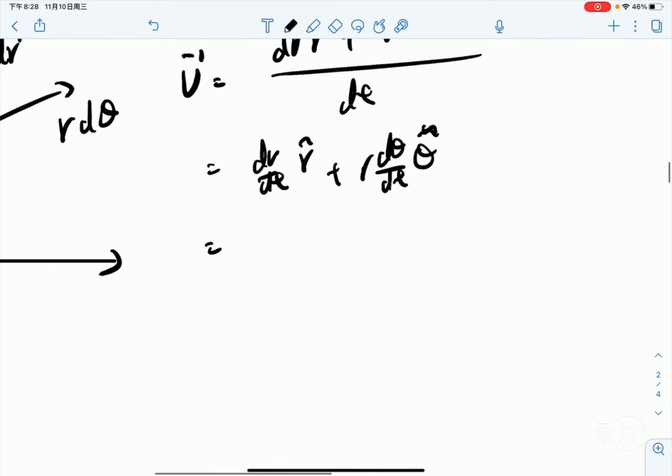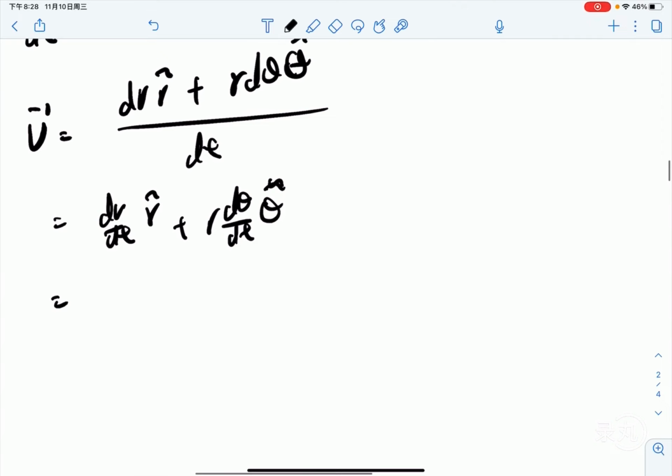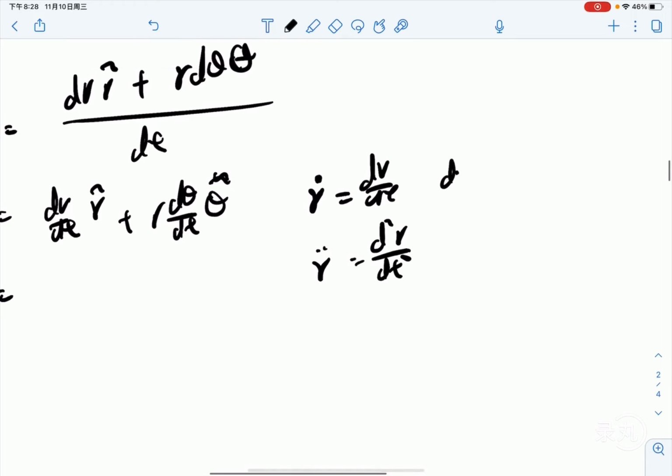So for convenience, we denote r dot is equal to dr dt, and r double dot is equal to the second derivative of r with respect to t, and d theta dt is equal to theta dot, and so on.